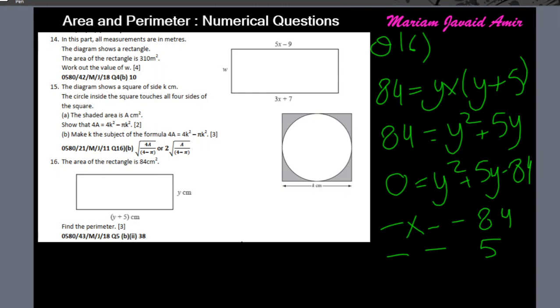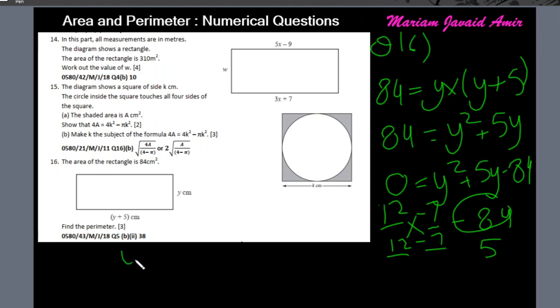Let's say if I multiply 12 with minus 7, I'll get minus 84. And if I add these two values, 12 plus minus 7, we get 5.